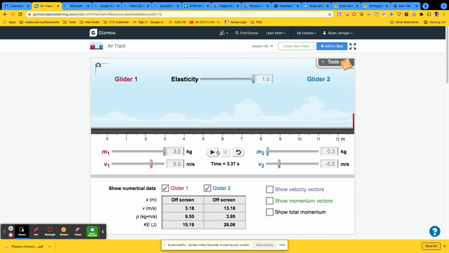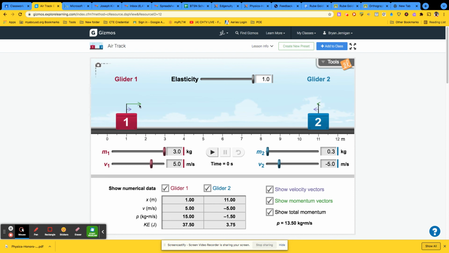Let's turn on the total momentums. So look at the total momentum being mass times the velocity. We can even show the momentum vectors if we want. Notice that the momentum vector here, the mass is small, the velocity is 5. Here the mass is large, the velocity is 5.